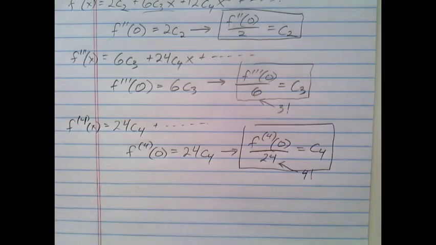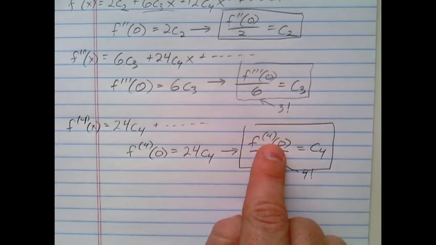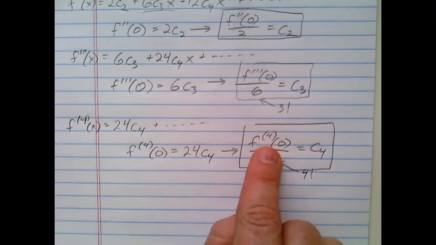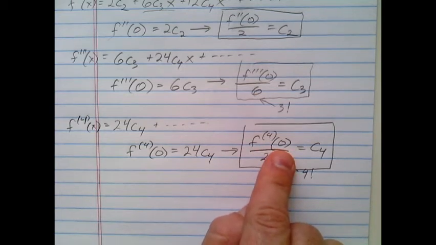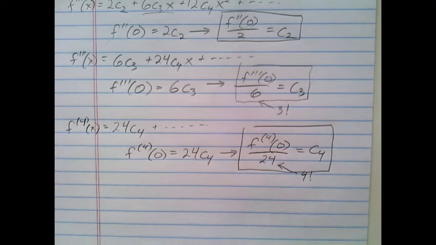So apparently, the formula for the coefficients involves really just taking the appropriate derivative of the right order, plugging in the x value that we're centering the series on, and then dividing by the associated factorial.